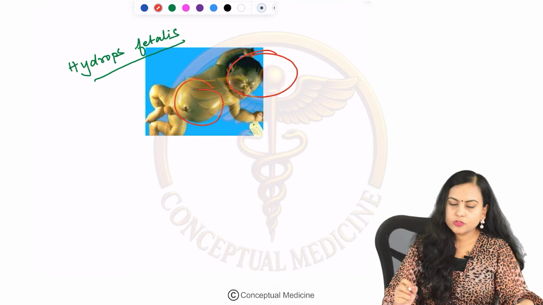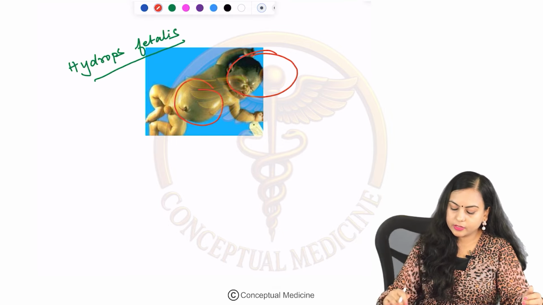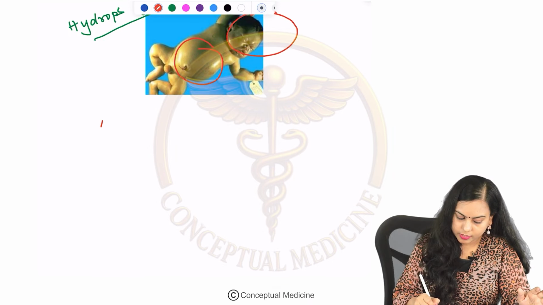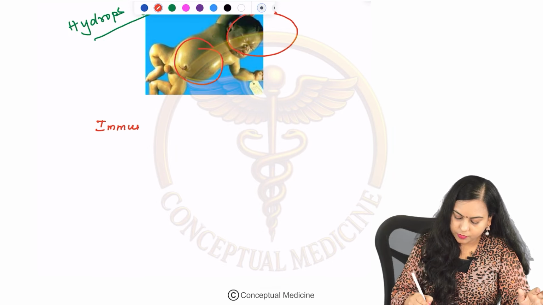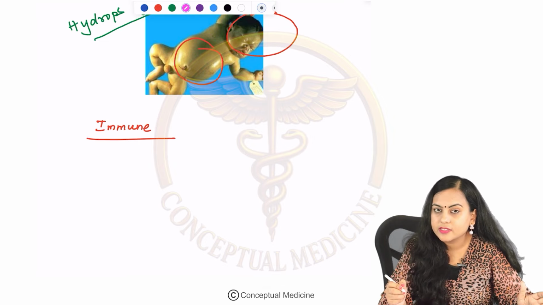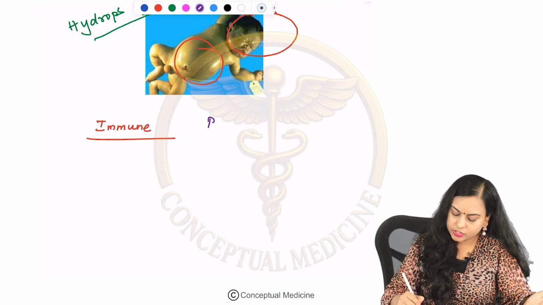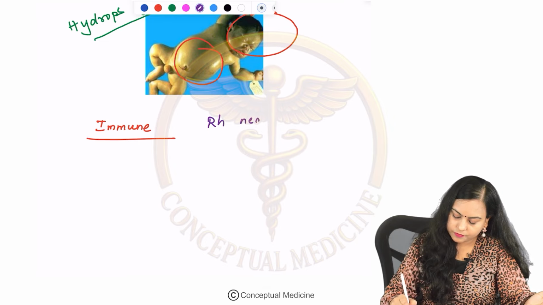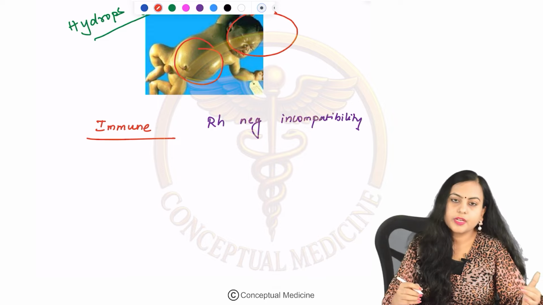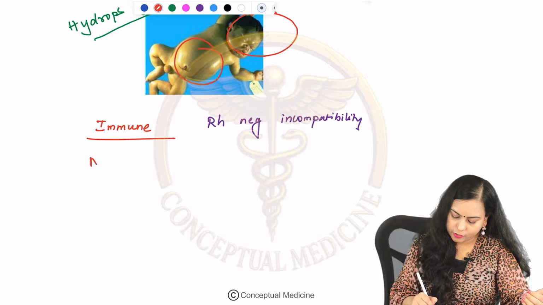Okay, so there are so many causes of hydrops fetalis, and the most commonly asked question is, what is the immune cause of hydrops fetalis? Yes, immune cause of hydrops fetalis is your Rh negative incompatibility, right? You also have so many non-immune causes of hydrops fetalis.